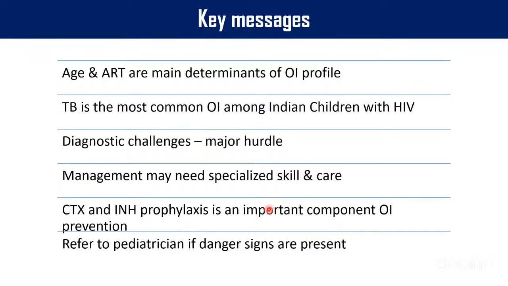Always keep your pediatrician on their toes, keep them in the loop, keep them in good humor, so that whenever you need them, you can tap them, save these children from getting into a severe illness, and even prevent mortality. So always refer to the pediatrician if there are danger signs.